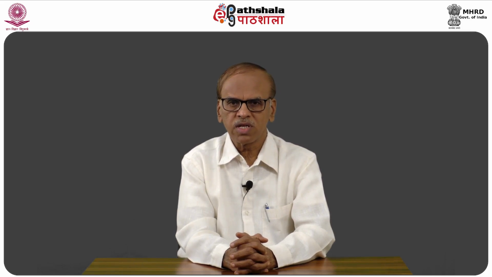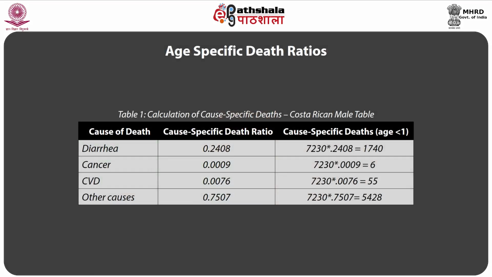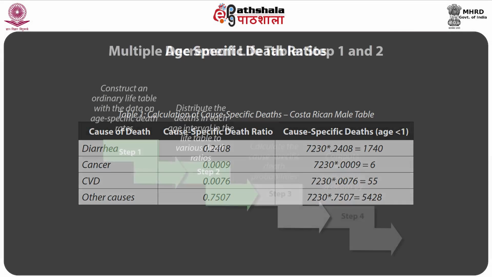The cause specific death ratios expressed here as proportions for 0 to 1 age group as table 1, diarrhea 0.2408, that is multiplied by the cause specific death ratio: 7230 multiplied by 0.2408 equals to 1740. Similarly, if you look at that cancer, cardiovascular diseases and other causes have been computed.